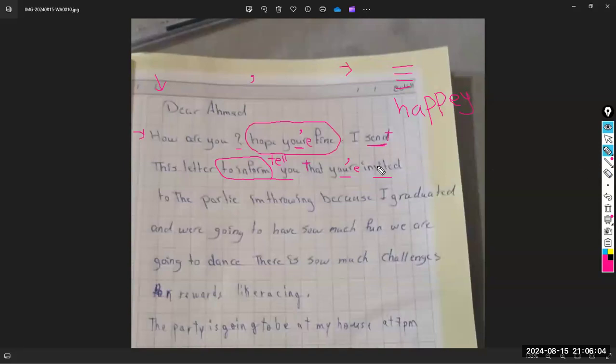I said the T is written in capitalized letter. Why did you write it in capitalized letter? Because it's not in the beginning of the new sentence. Oh, for no reason. I just wrote it capital. This is a punctuation mark mistake. Okay, so you are invited to the party.